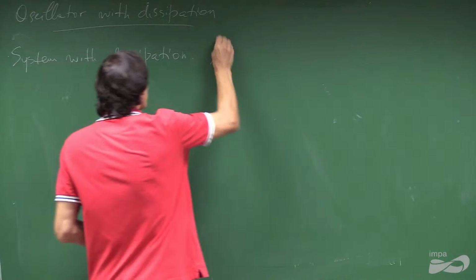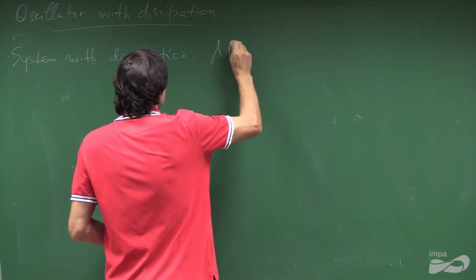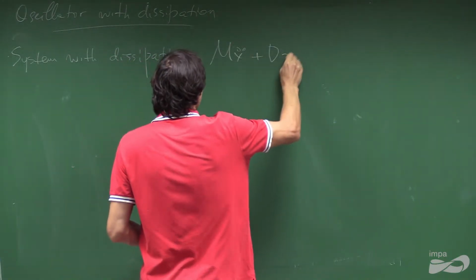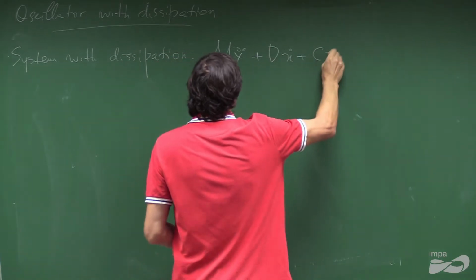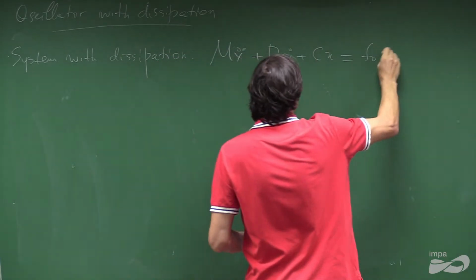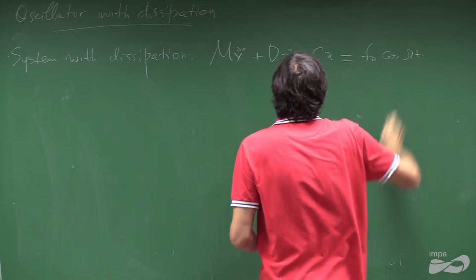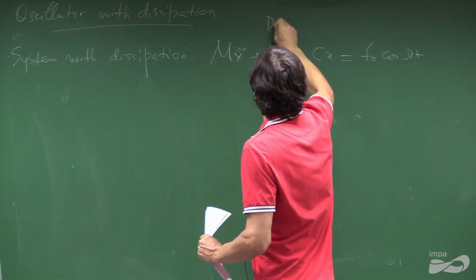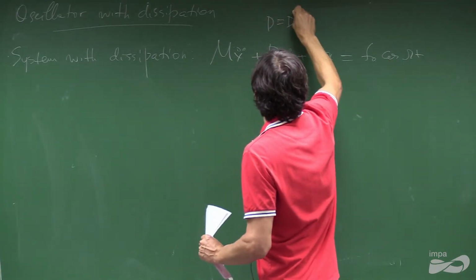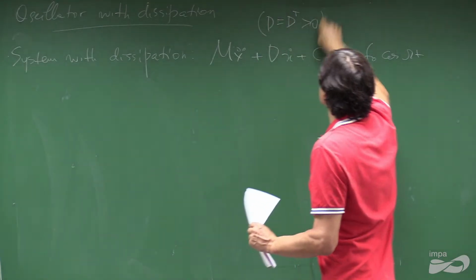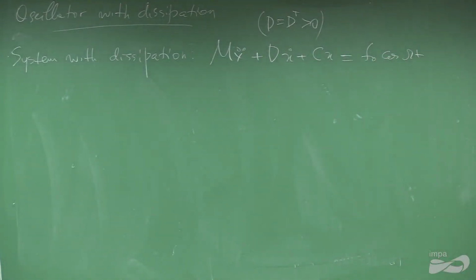So it will be m x double dot plus a dissipative term, and the rest is the same. What is important is that D is symmetric, positive definite. This is what characterizes dissipation.